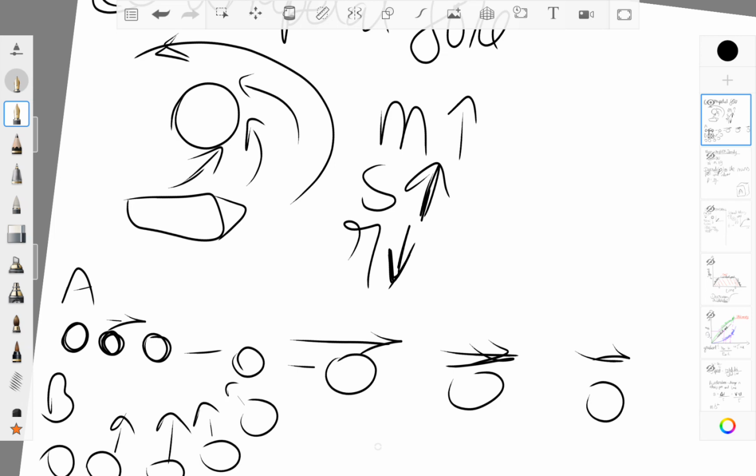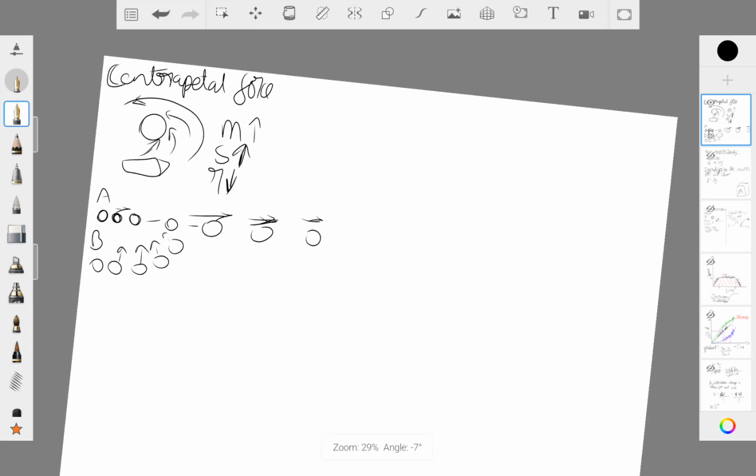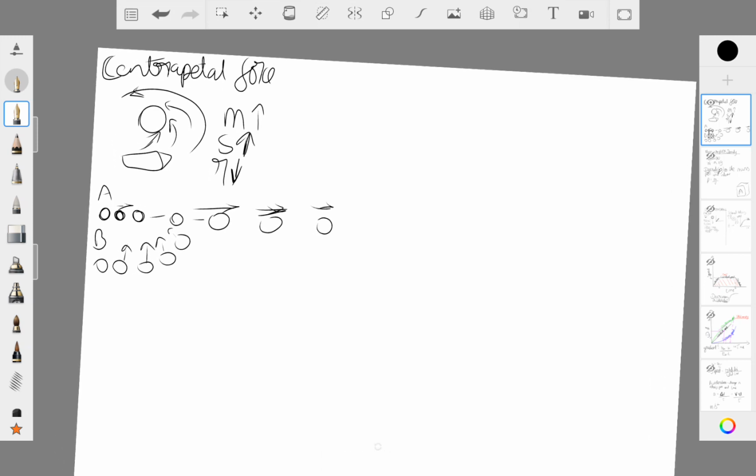Now you also need to know about something called drag, solid friction, which is just a force between two surfaces that may impede motion and produce heating.